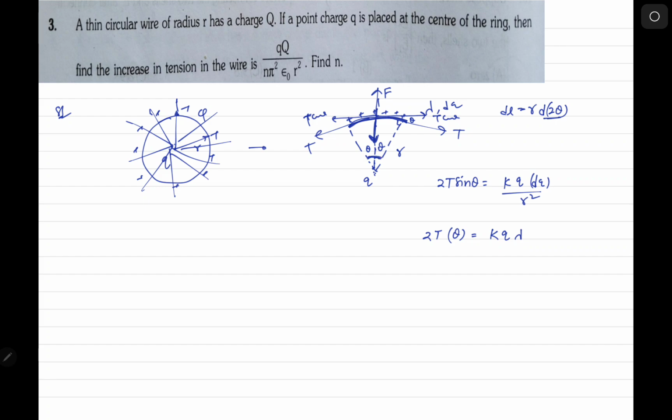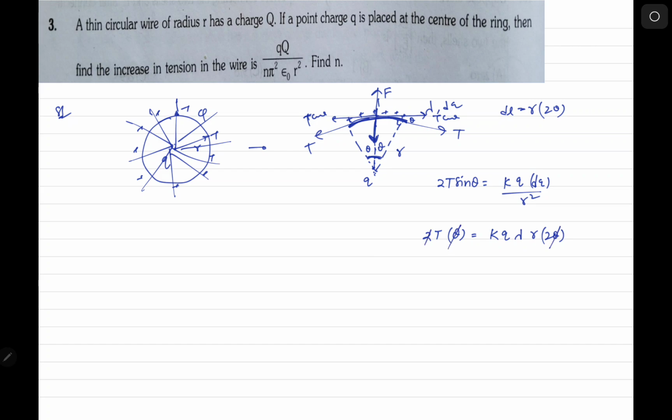Because there is a 2 theta angle. So instead of dl, r into 2 theta. This angle is theta, so no need to write d theta then. I'll just put the values and we'll solve it.